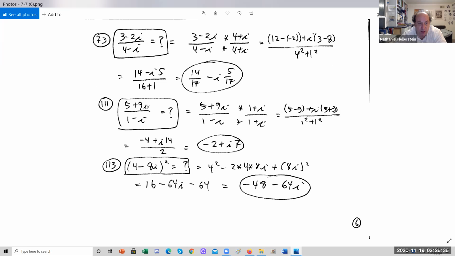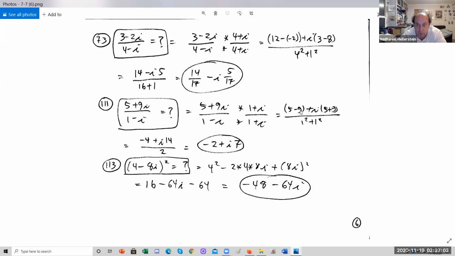You have 5 plus 9i over 1 minus i. We'll take this and multiply above and below by 1 plus i, the conjugate of the denominator. 1 minus i times 1 plus i will be 1 squared plus 1 squared, which will be 2. And now the numerator: 5 minus 9 here, 9i plus 5i here.